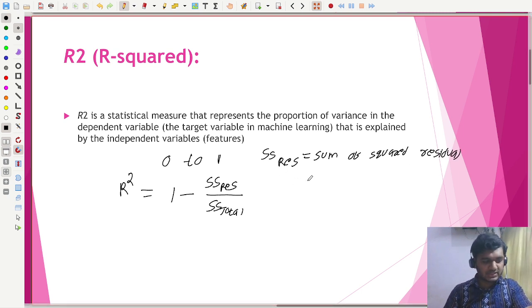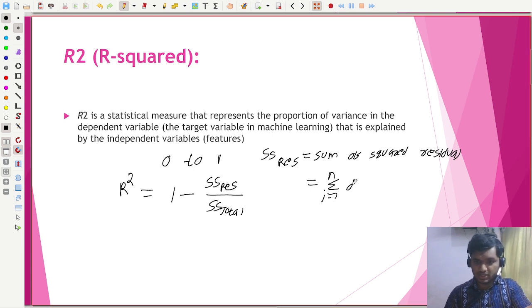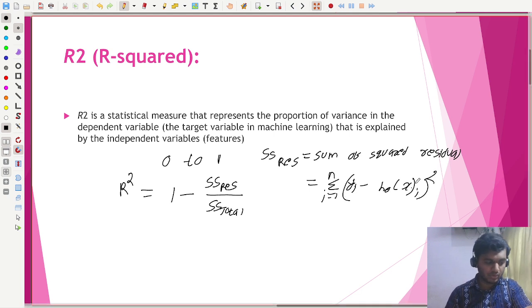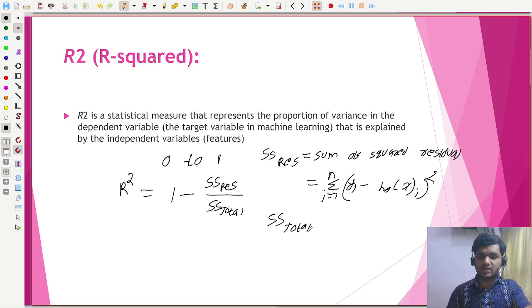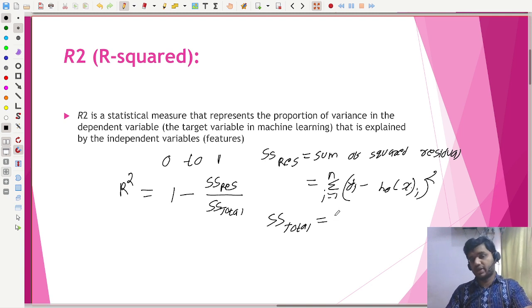SSRES is equal to the summation of i equal to 1 to n, of (actual minus predicted) whole square. And SS total means sum of square total.